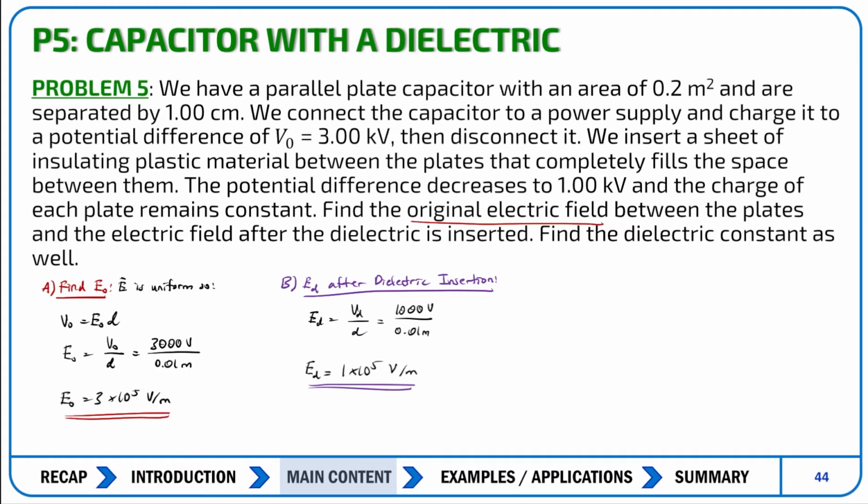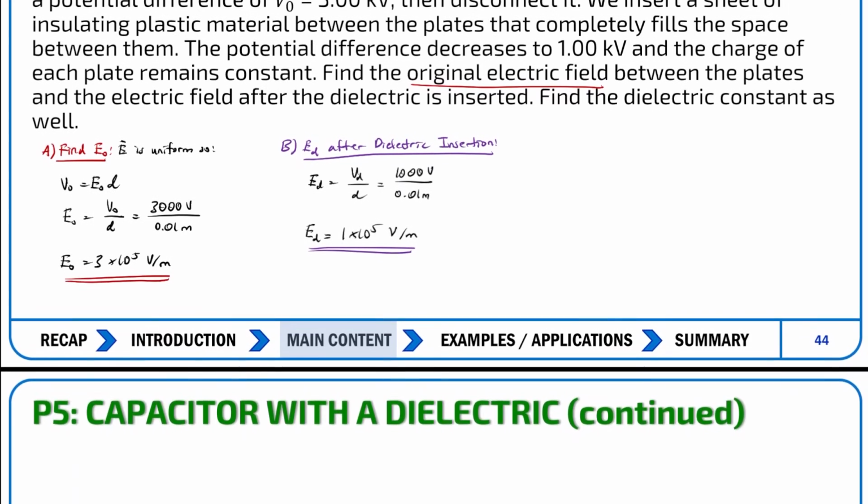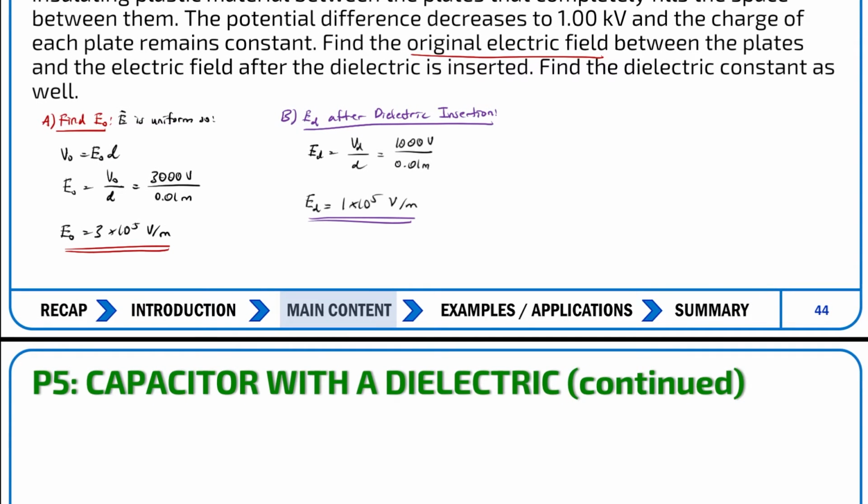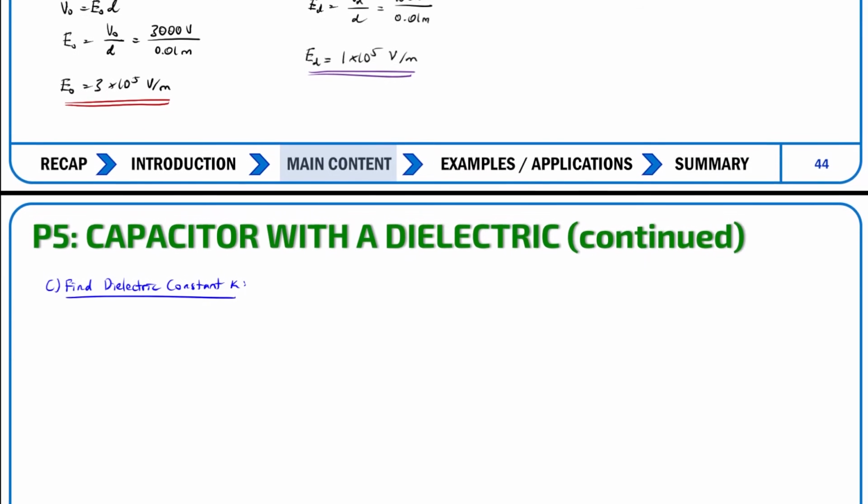And now we take a look at C. So I'm just going to move this down a little bit. We're trying to find the dielectric constant, which is known as kappa. Just move this down further.